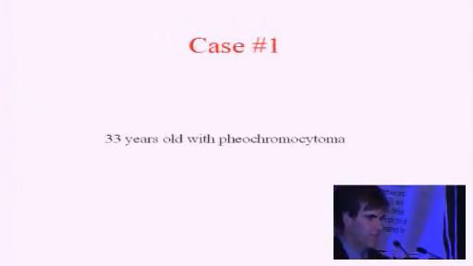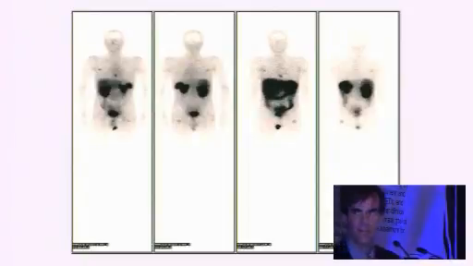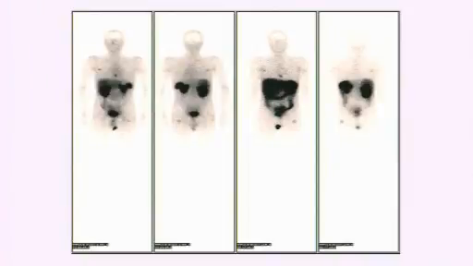So let me start with a few cases. This is a 33-year-old with a pheochromocytoma. There are the planar images, and we demonstrate disease in the chest, in the right thorax, and also in the right proximal femur. We did a SPECT CT acquisition for more accurate localization.